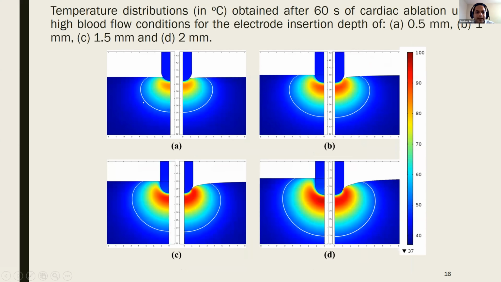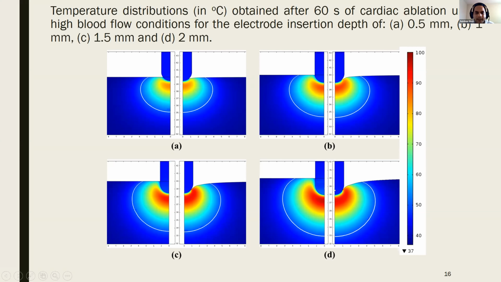So this is a comparative analysis of temperature distribution assumed with sharp insertion on the left side, and this is by assuming a deformed surface due to the insertion of the electrode. As you can see, there is a significant deviation, and this deviation increases as we increase the insertion depth. These results are for the high blood flow condition, and for this case the deviation has been found to be close to 20%.